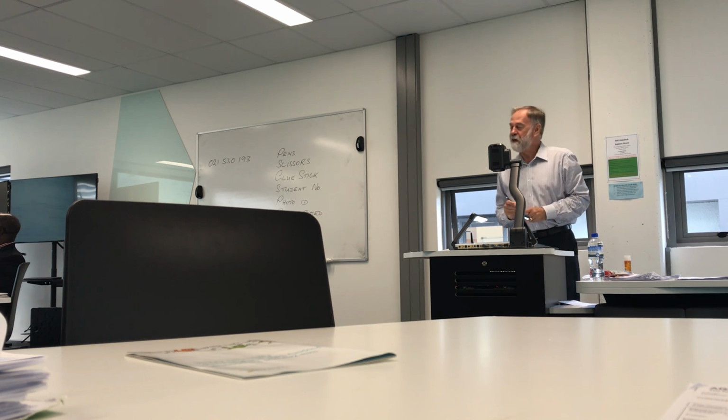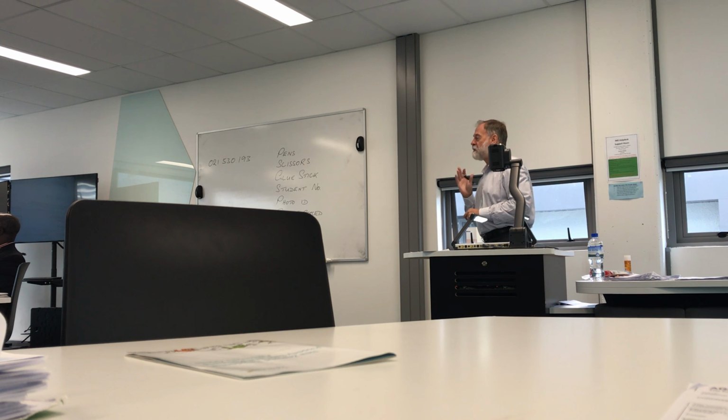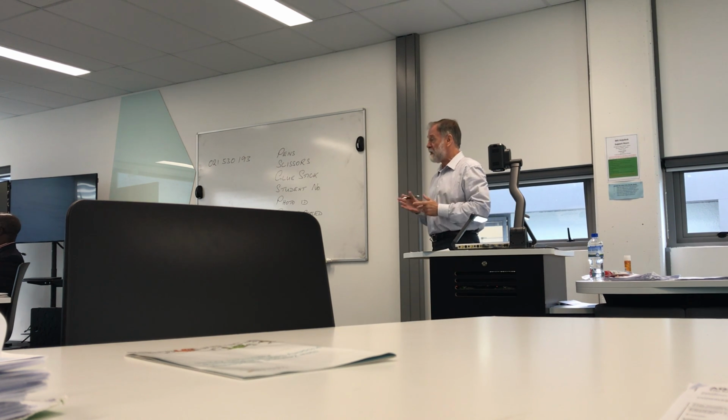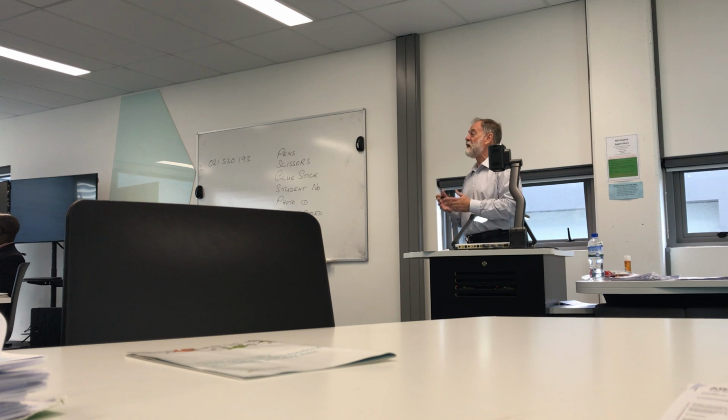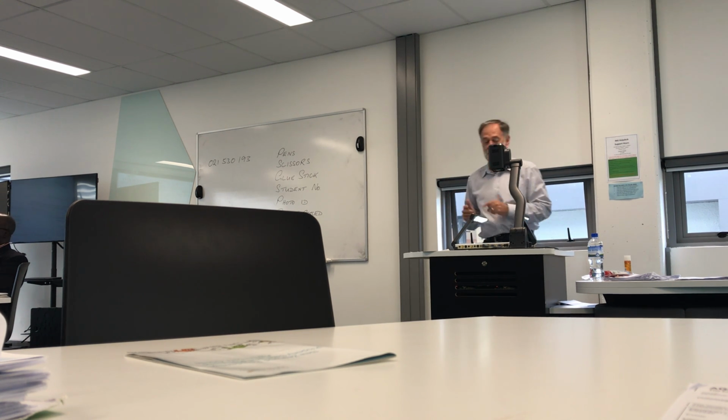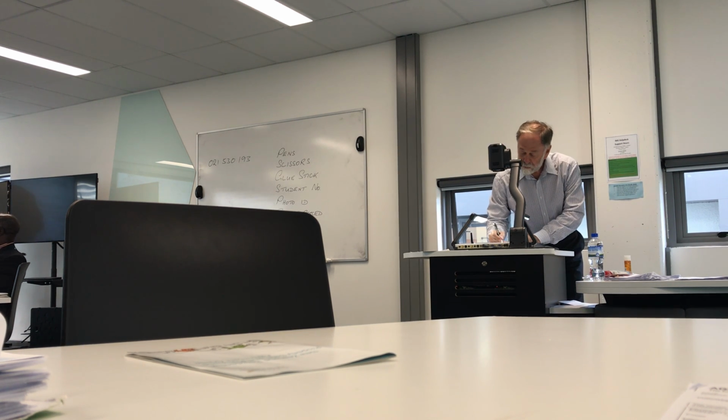Okay, so that's $49,500. Now, that deposit will be payable into my company's trust account. So that means your money goes into the trust account. It's perfectly safe. Nobody can touch it there. Upon acceptance.